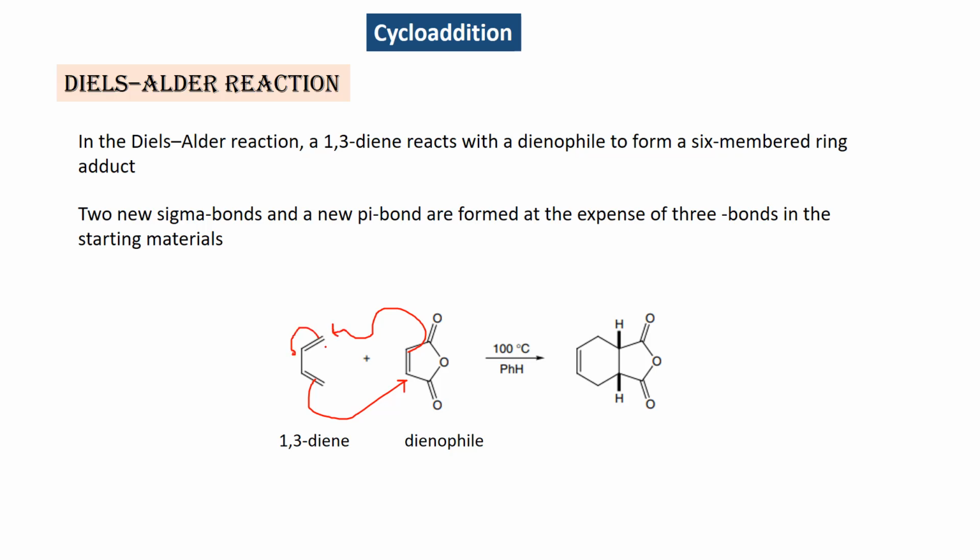At the expense of 3 pi bonds, how many new bonds are forming? One sigma bond, another sigma bond and a pi bond. At the expense of three pi bonds, we are getting two sigma bonds and a pi bond, forming a six-membered ring. So this is called the Diels-Alder reaction.